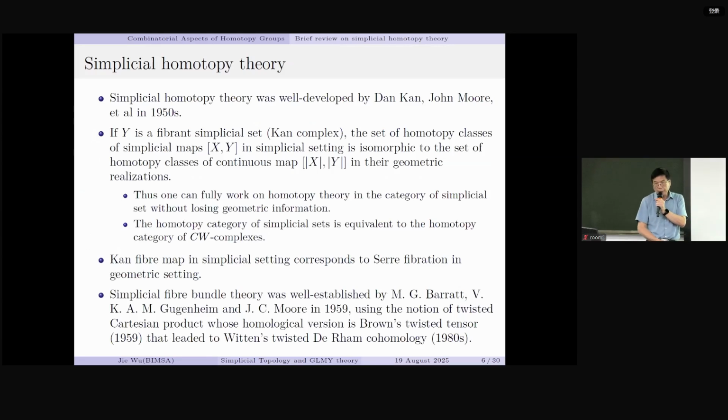So the Kan condition is an important thing that lets you look at the homotopy of simplicial maps in a fully simplicial way. And that's exactly the same as homotopy classes of continuous maps between polyhedrons. Okay, so that's why you can convert the geometry to the simplicial.